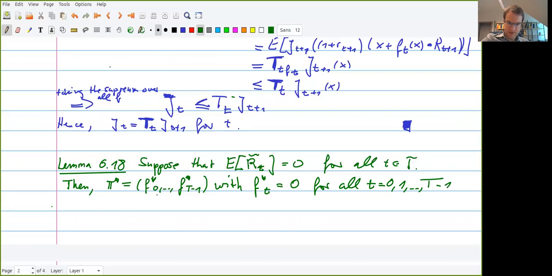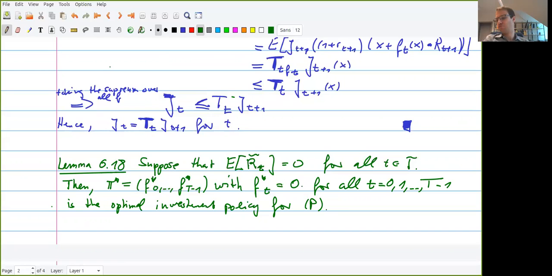This is the optimal investment policy for P.